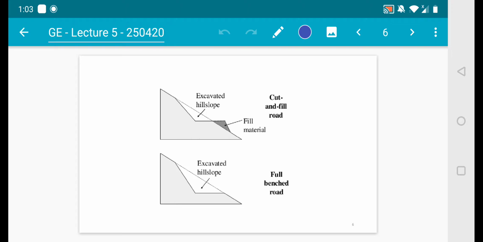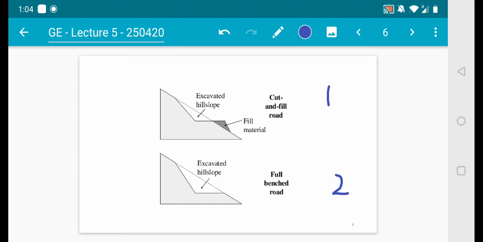So to give you a clear picture of how a highway is constructed along a slope area, there are two types of approach. One is the cut and fill road, and two is the full bench road. How does the first one work?